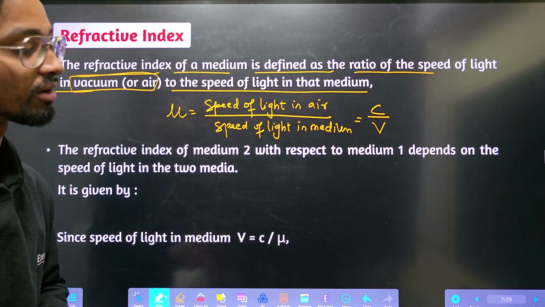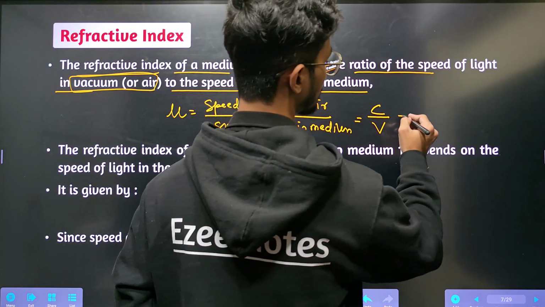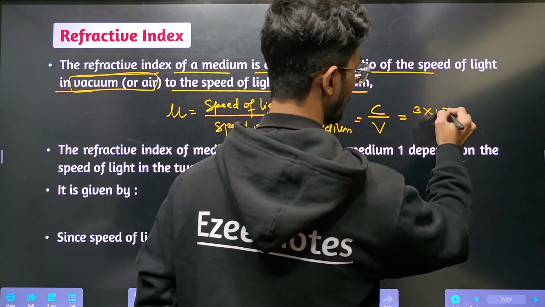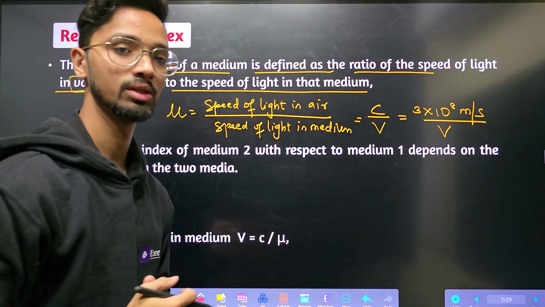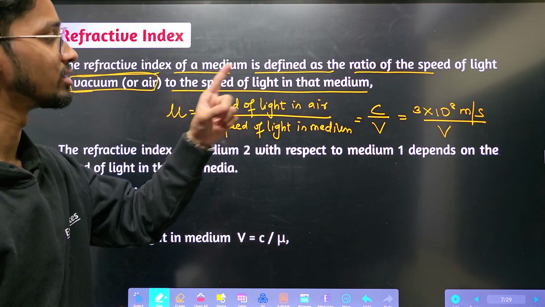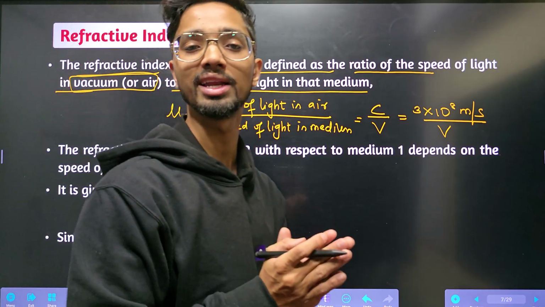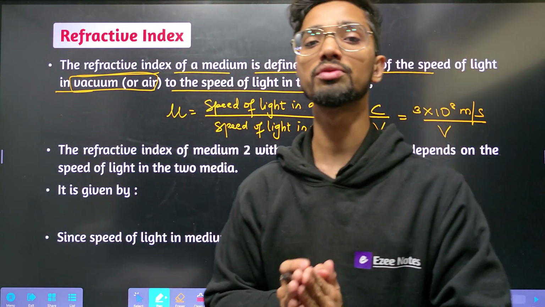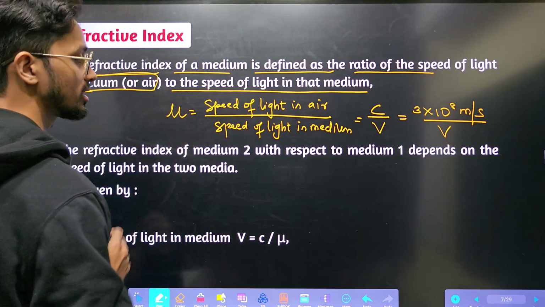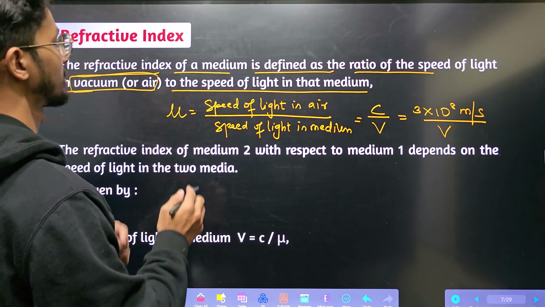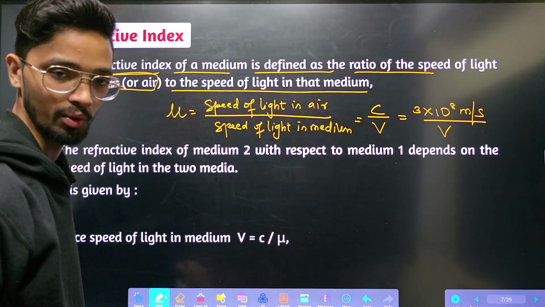C is the speed of light in air, which has a constant value, 3 into 10 to the power 8 meter per second. The speed of light in vacuum or air is constant. So we can find mu, that is, the refractive index, by C by V.